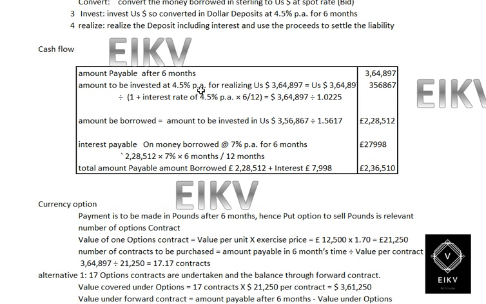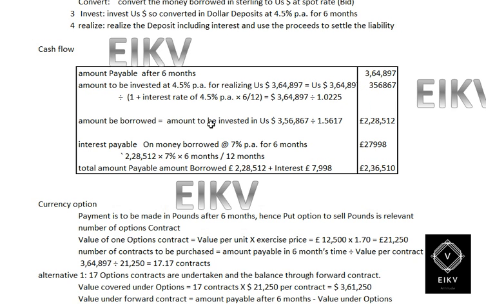So the amount to be invested at 4.5% per annum for realizing US dollar 3,64,897 would be 3,64,897 divided by 1 plus interest rate, which is 4.5% into 6 by 12, which equals 3,64,897 divided by 1.0225, which gives you an amount of 3,56,867.